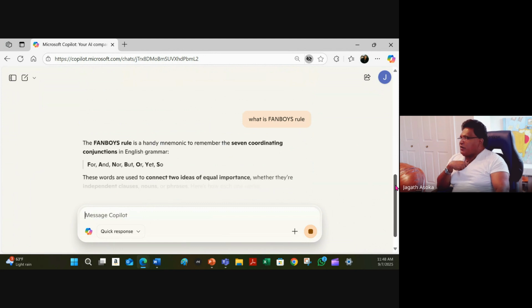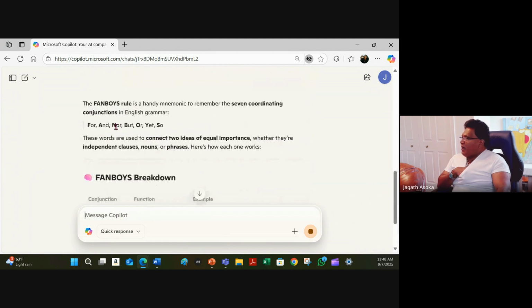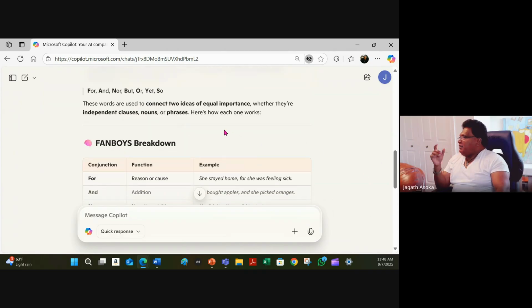This is a very common thing. FANBOYS stands for: for, and, nor, but, or, yet, so. Basically, these words are used to connect two clauses. Equally important, whether they are independent clauses, nouns, or phrases.